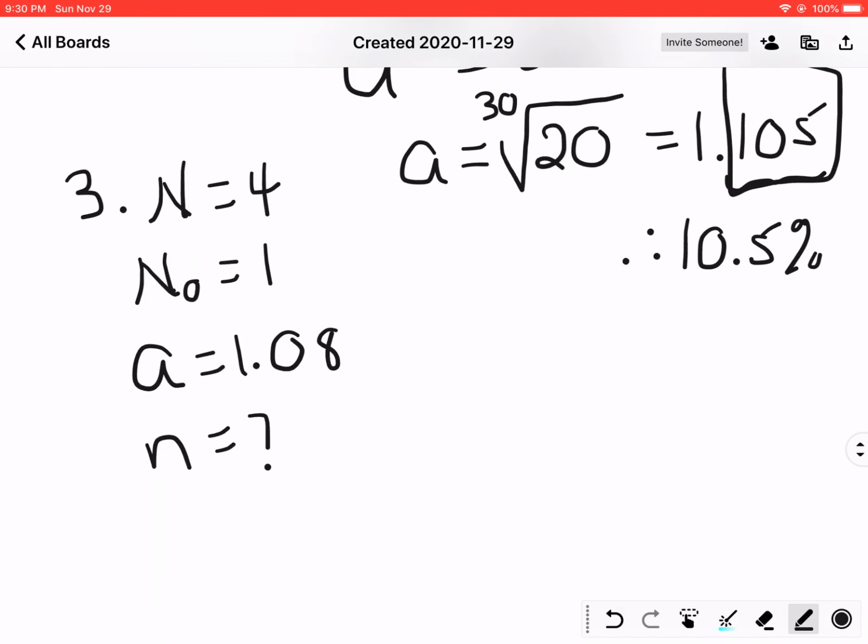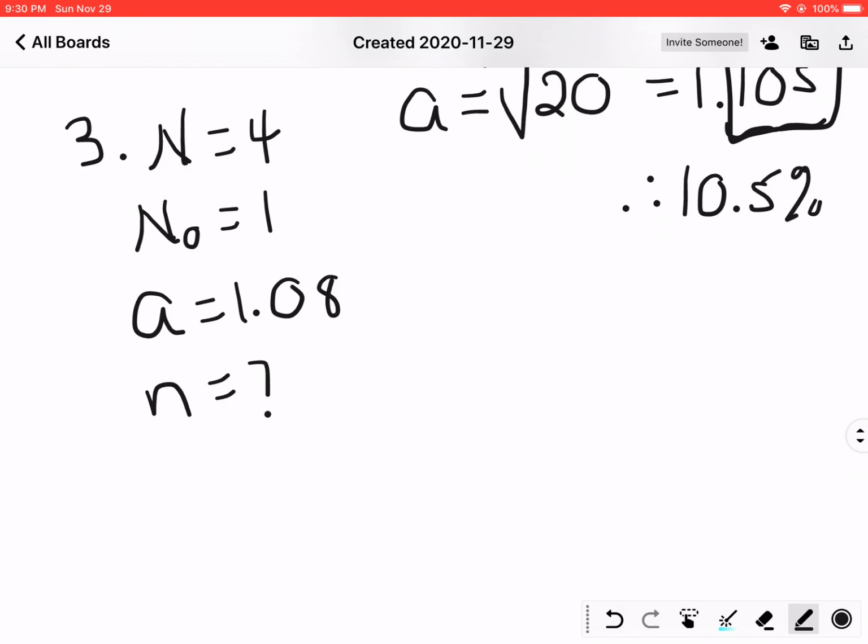All right, now the last question. It says that your money has quadrupled and the interest rate is 8%. So that's where this 1.08 comes from. If it's growing at 8%, it's 1 plus 0.08. If it's decaying at 8%, this number would be 0.92. We would subtract 0.08 from 1.